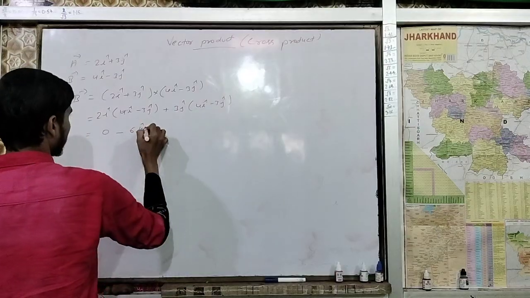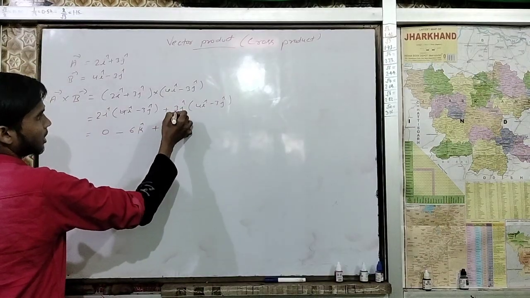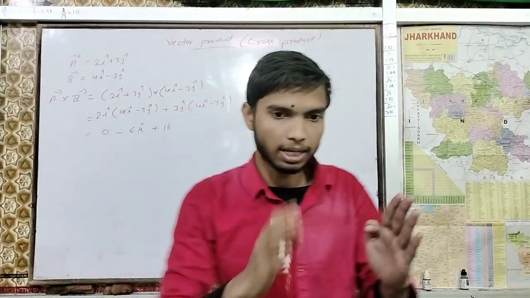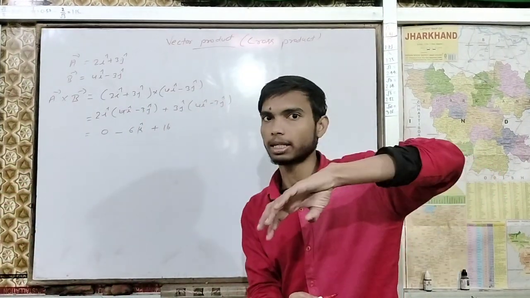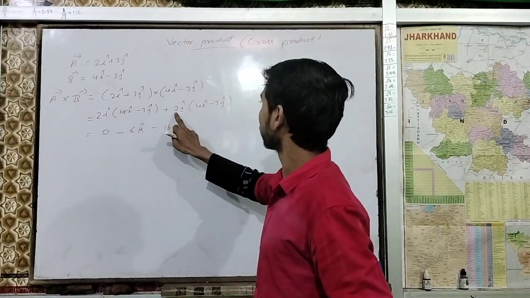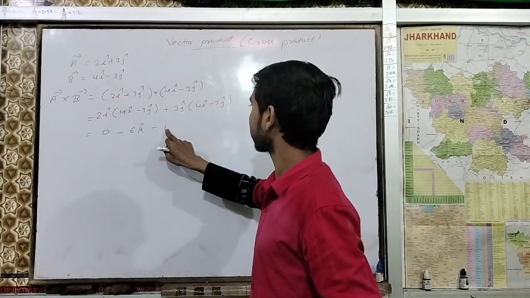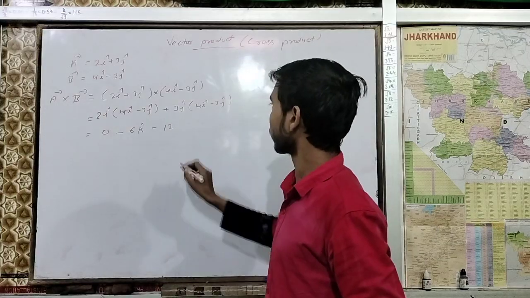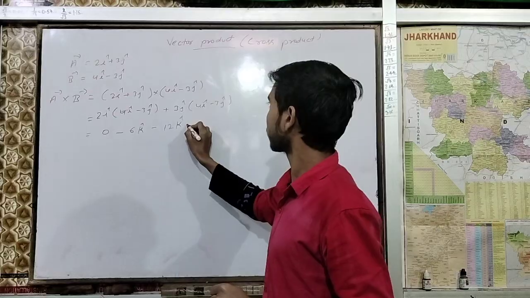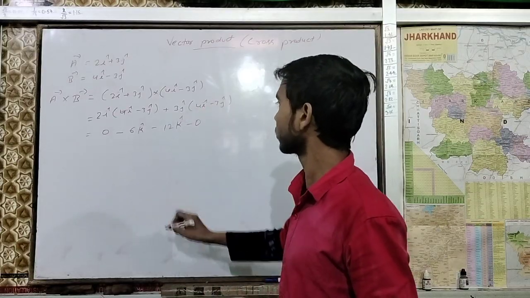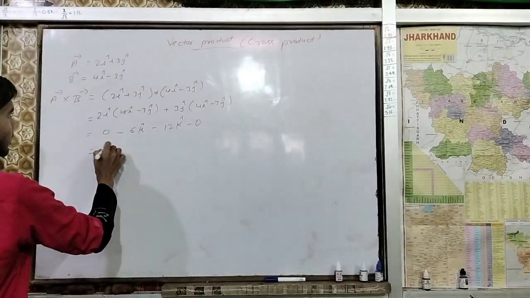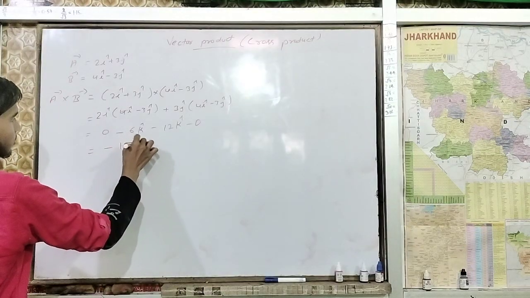So k cap. Then plus 3 4s are 12, j I: first j, then I, then k. It is negative, so this will become negative. 4 3s are 12, so next is k cap. Now minus minus, of course this will become 0. So you are getting nothing but minus 18 k cap.